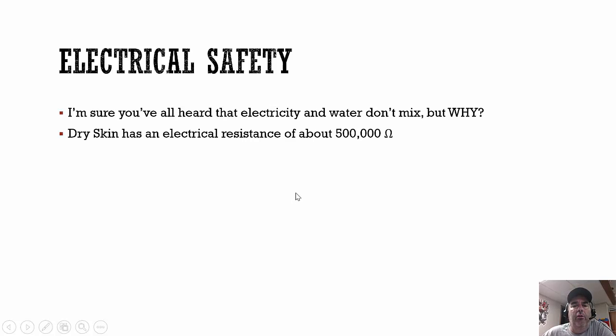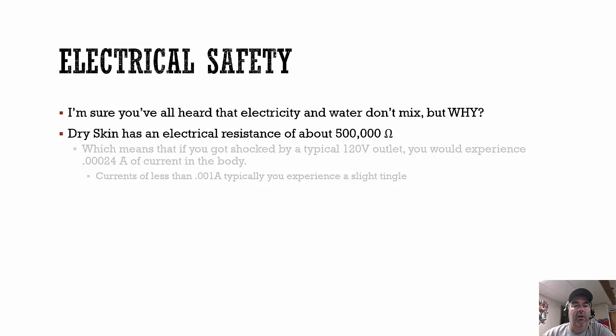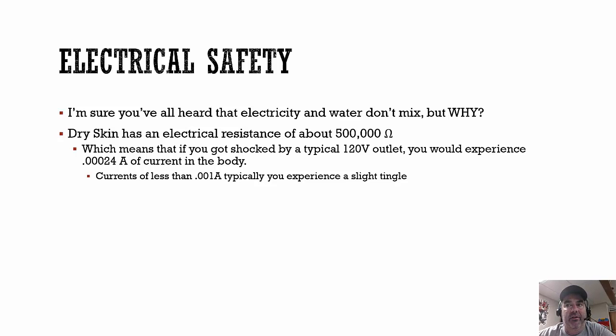Okay, so the why is, as you're sitting here maybe watching this video, I'm thinking you probably didn't come in from working out, but dry skin alone has a resistance of 500,000 ohms. Okay, lots of resistance. Well, if we have lots of resistance, that means that we're going to have very little current. So if you have dry skin and you accidentally, say, touch an outlet and get shocked, you're going to experience a current of 0.00024 amps.